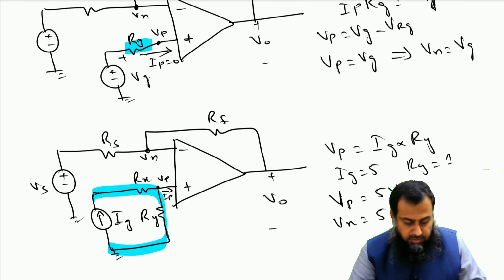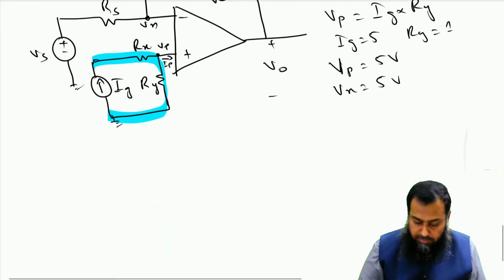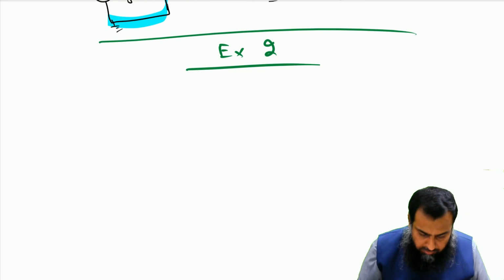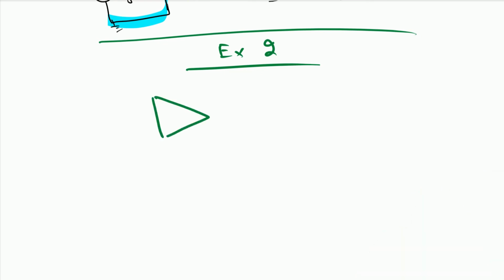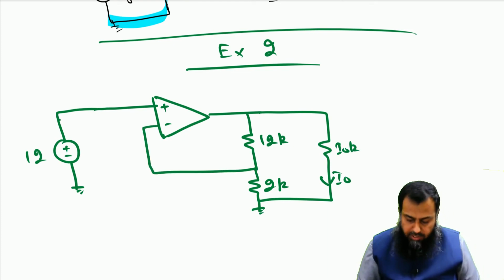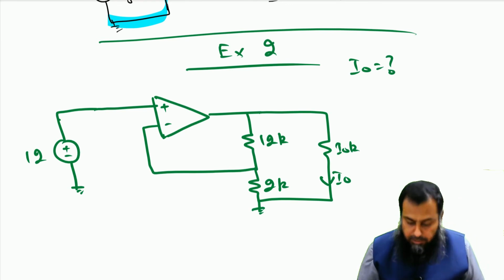So let us solve some circuits to check our understanding of operational amplifier circuits. Let me say this is example number 2. Here is our circuit. We are tasked to find the value of this I naught in this operational amplifier circuit.